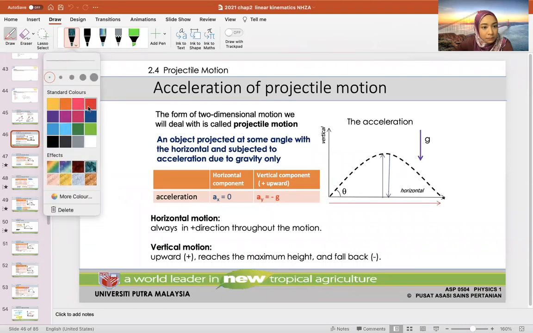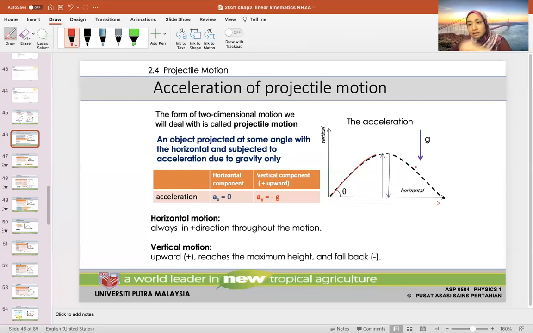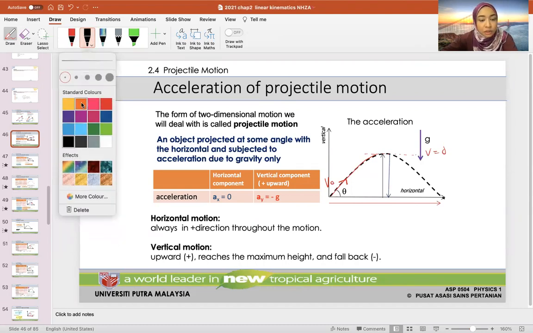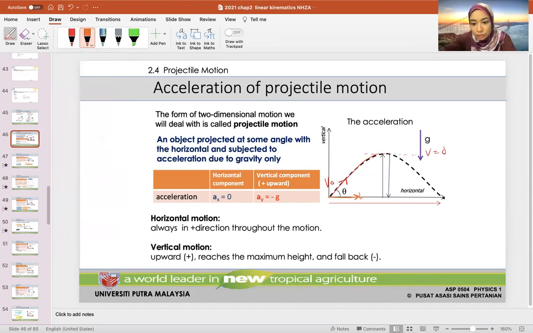Recap time. So we know that if we have an upward motion and then a downward motion, then I will have a V equals to 0 over here, because when I launch my ball, I start with V naught, which can be broken down or resolved into its components ux and uy.